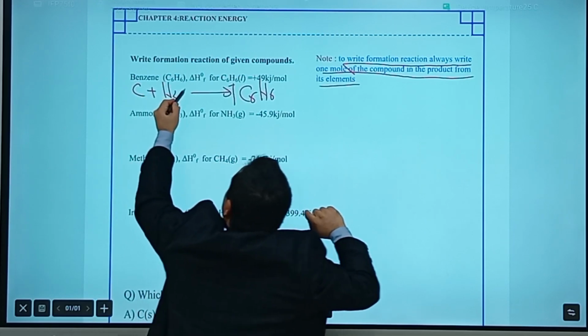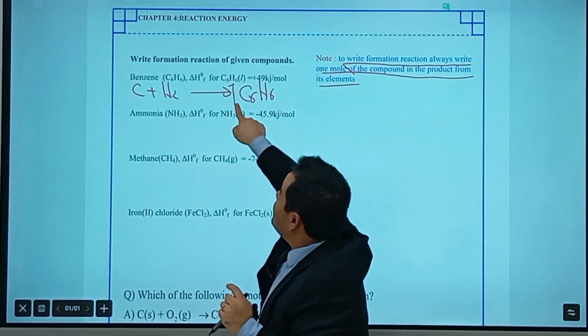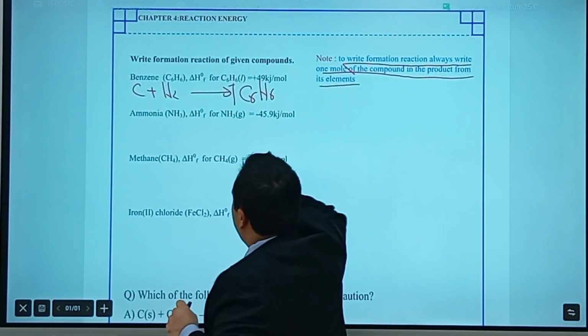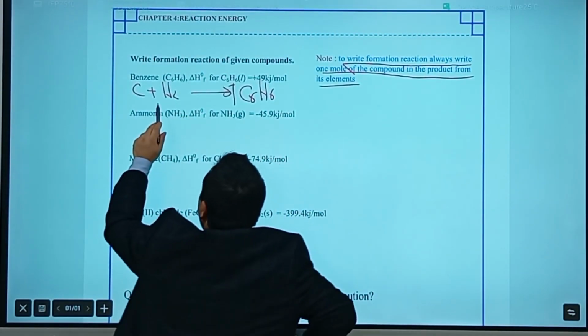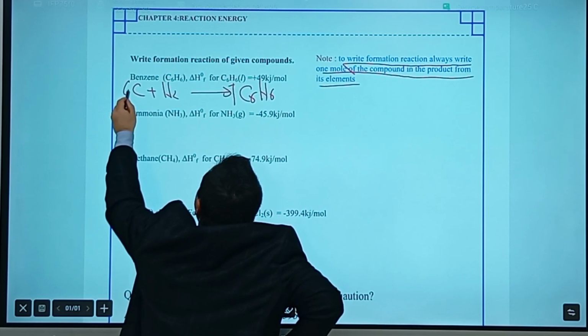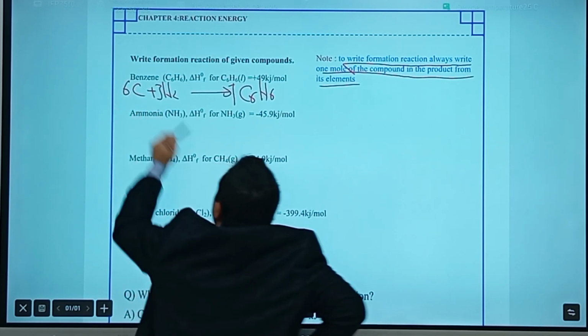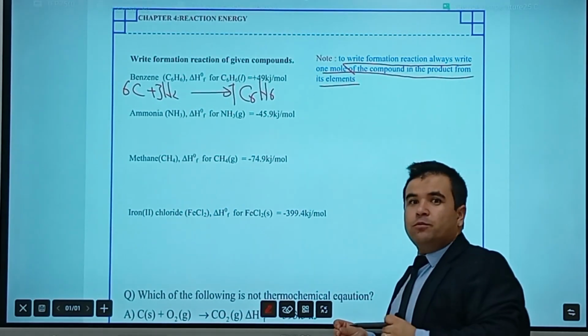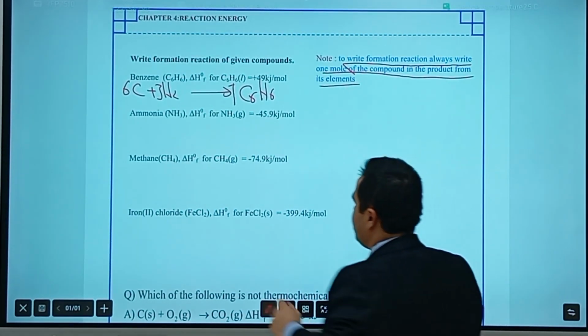So, for balancing, do not adjust the coefficient of the product. Balance by adjusting the coefficient of the reactant, guys. Here there should be 6 carbon and 3 hydrogen. That's the equation which represents the formation of benzene.